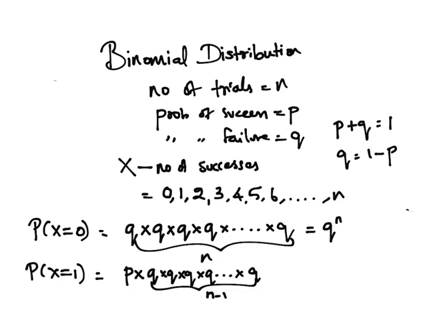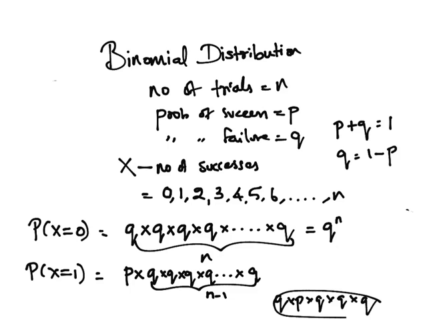Now you will also notice that this p can come in any place. For example, I have put p here. That means the first trial is success, the rest of the trials are failure. It can also happen that the second trial is success and the rest of them can be failure, right? That means q into p into q into q into q, like that, right?